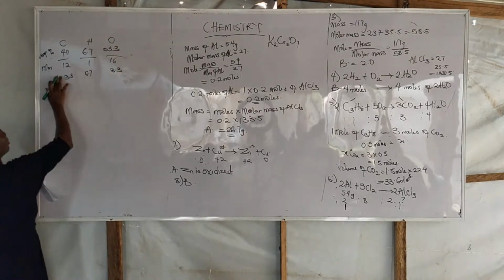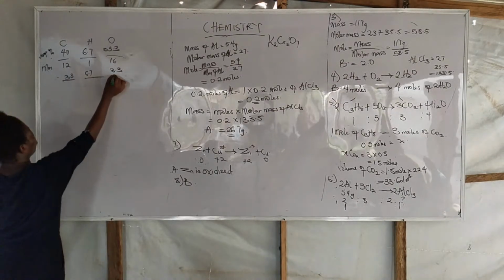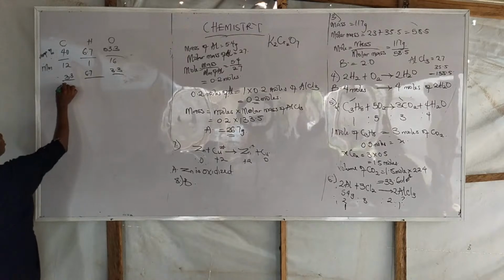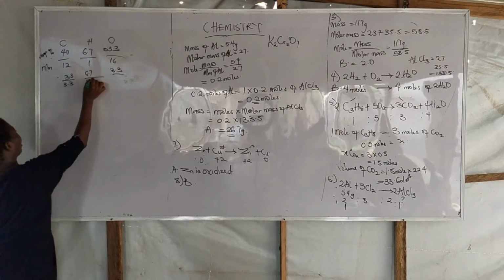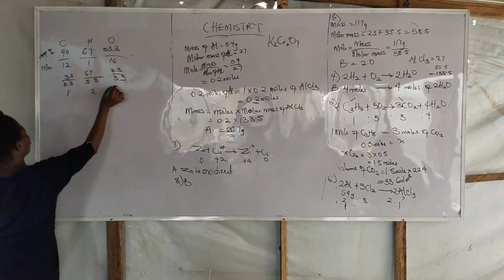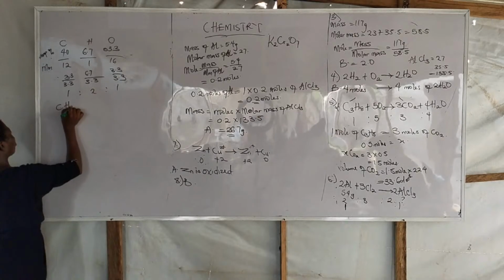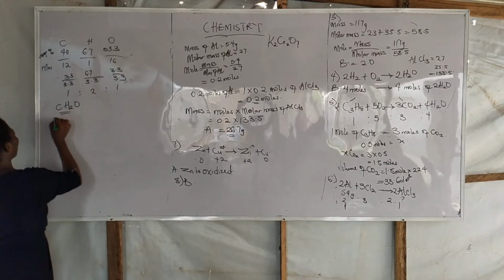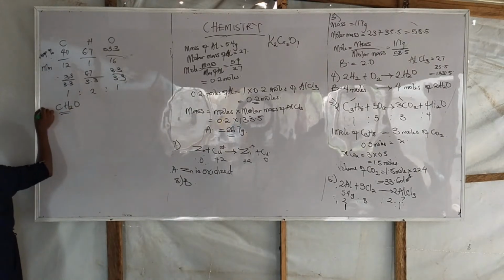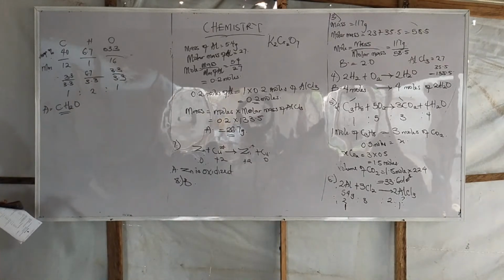So divide all through by the least number. When you divide all through by 3.3, you are going to get 1, 2, 1. Which means that we have CH2O. So this is option A.